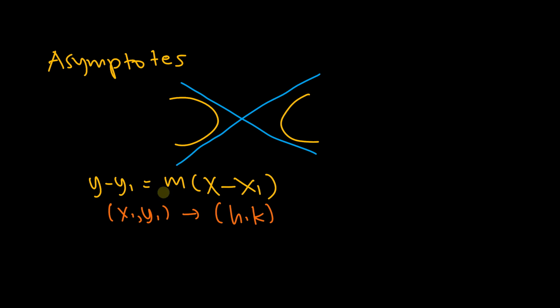And then kanitong m, kaning m nato, pwede siya plus minus b over a or plus minus a over b. So kaning plus minus, this indicates kani siya, that's plus. Then kaning minus, kani siya na line. Okay, plus minus na slope.